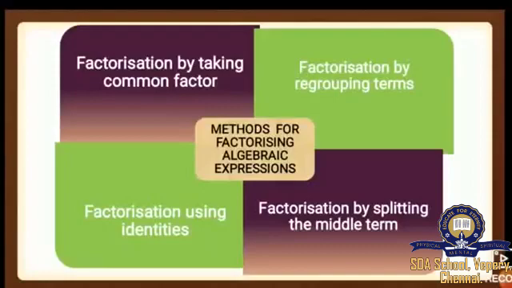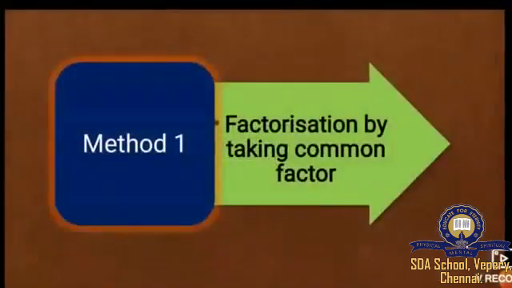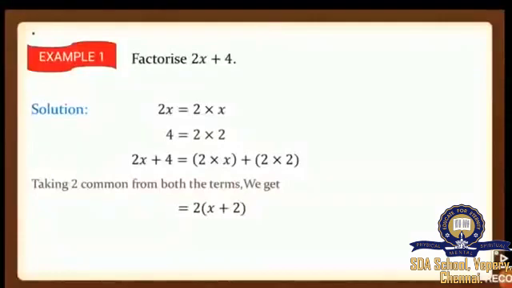The first method is factorization by taking common factor. So let us see the sums based on this method. The first example is factorize 2x plus 4. We can write the first term 2x as 2 into x. Similarly, the second term 4 as 2 into 2.